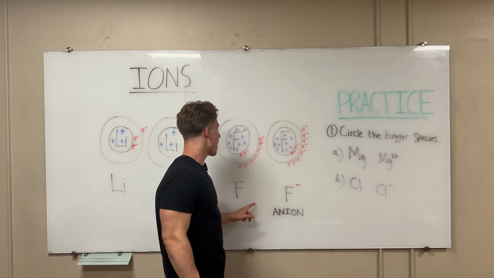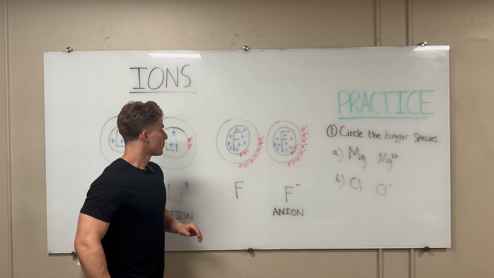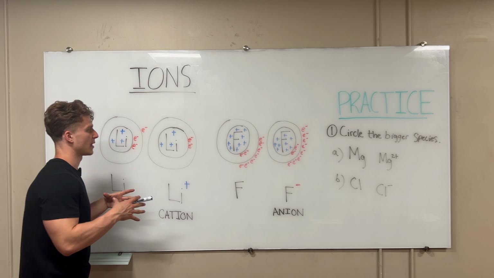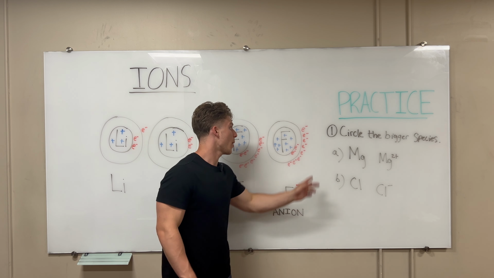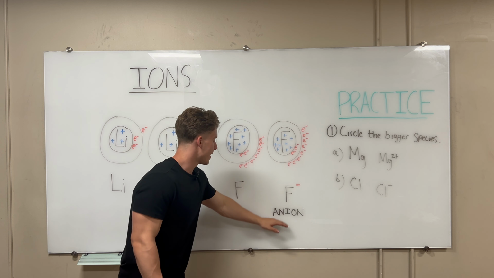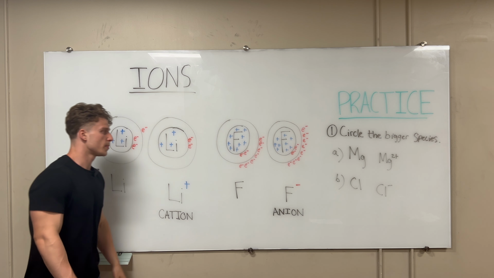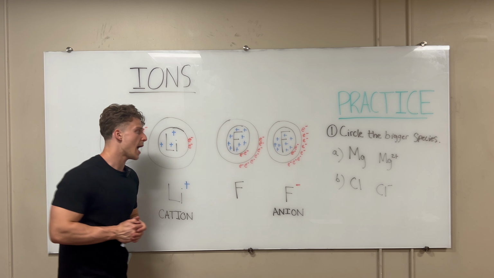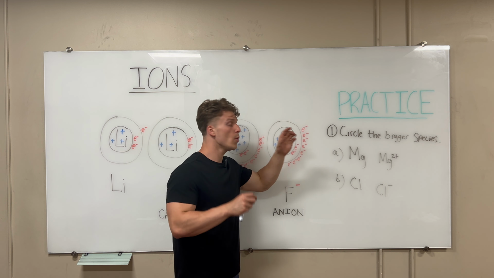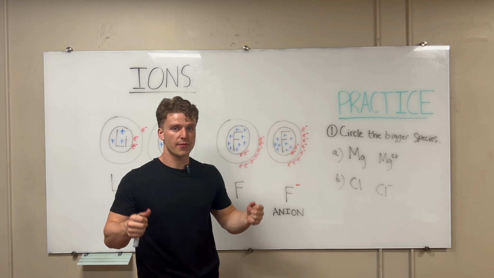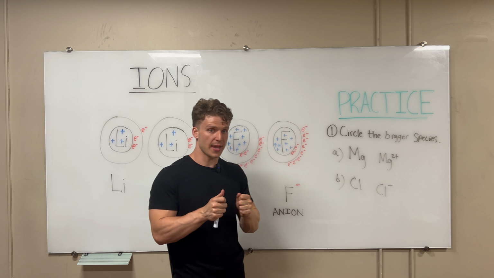Now, what about anions? So here, we're not going to have that same effect with this extra amount of protons shrinking the atom. We actually have now extra electrons, right? In an anion, we have an extra electron compared to our neutral species. What's that going to do to the size? Well, 2 negative things repel. Just like a positive and a negative attract, 2 negative things repel.